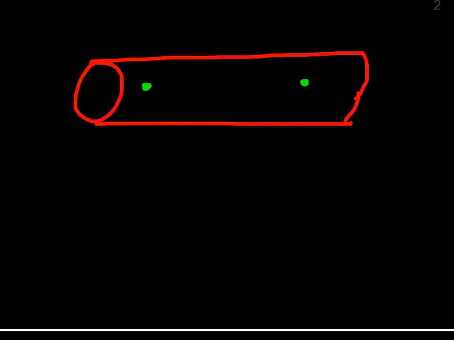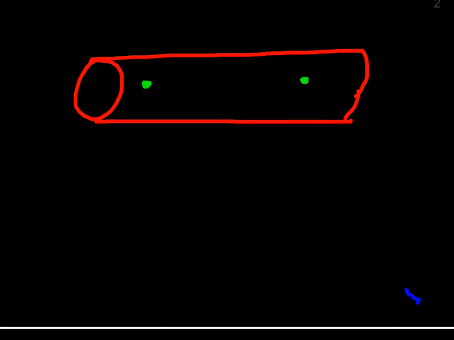This little nanotube of mine has a plunger that I can push, so I can squeeze both of these gas particles from both sides. If I keep pushing the plunger in and in and in, I'm going to get a smaller and smaller volume.